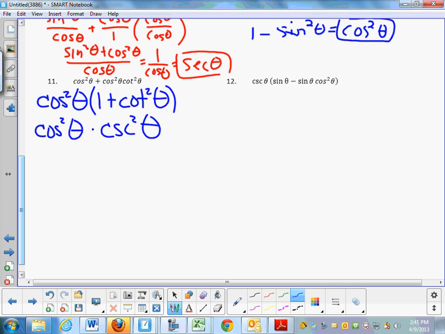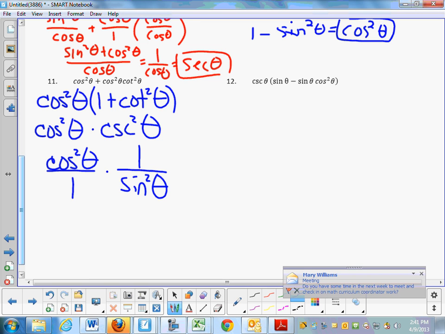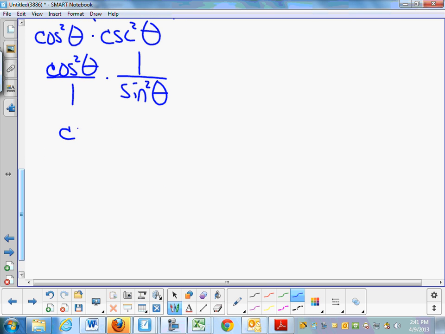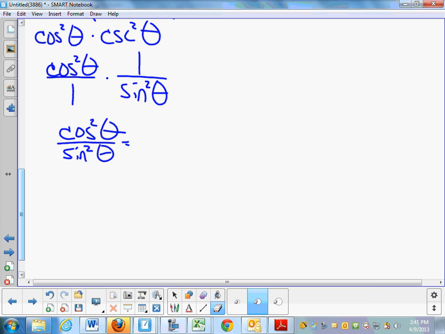Now I rewrote it as cosine squared theta over 1 times 1 over sine squared. So I get cosine squared of theta over sine squared of theta, which is equal to cotangent squared of theta.